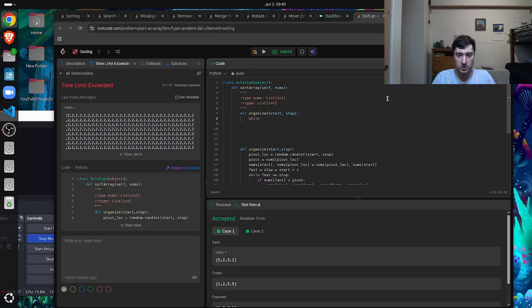So while start is less than stop. If they're the same one, then it's already organized, right? And when we come here, it's going to get to its location there.